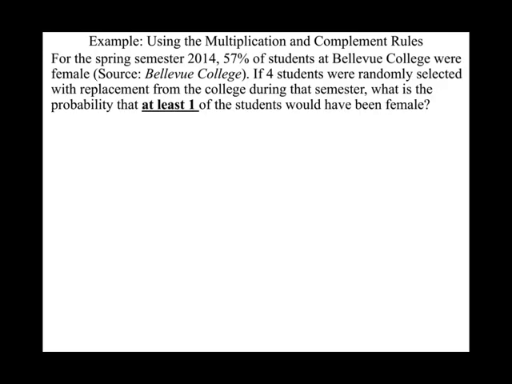Okay, next example. For the spring semester 2014, 57% of students are female. So 57% of students in this college were female. If 4 students were randomly selected with replacement, meaning after you pick one student, you put them back and then you pick the second person, what is the probability that at least one of the students could have been female?